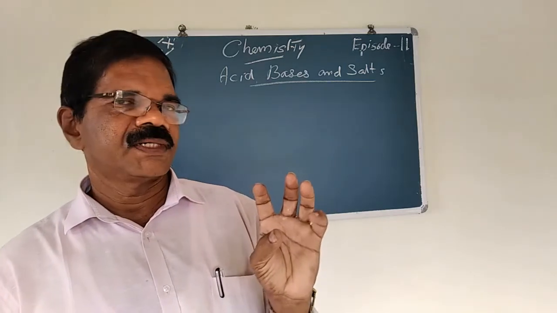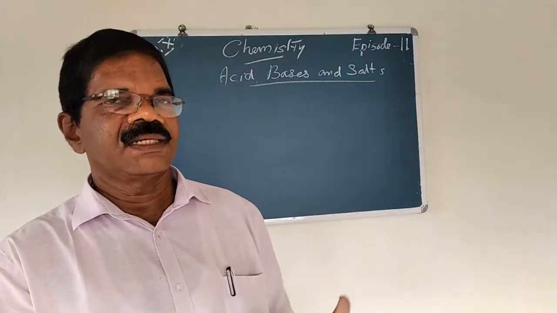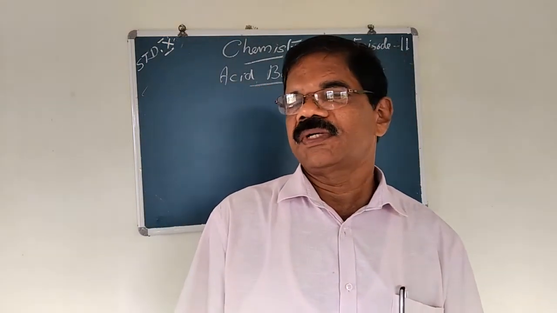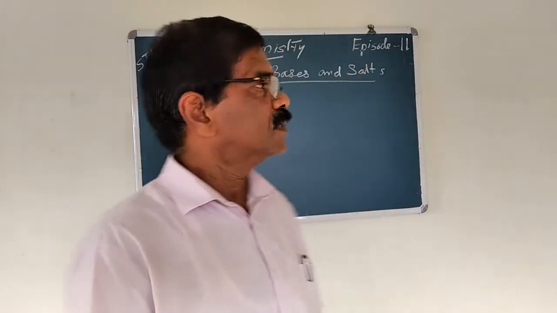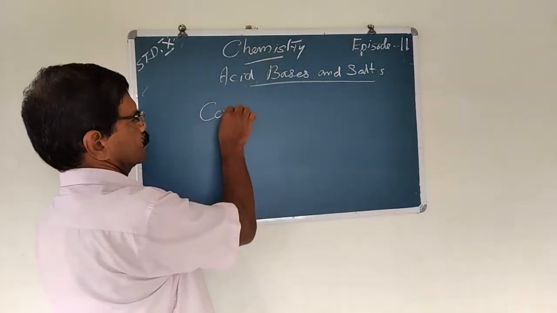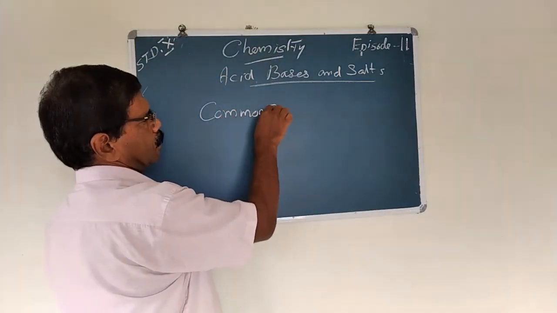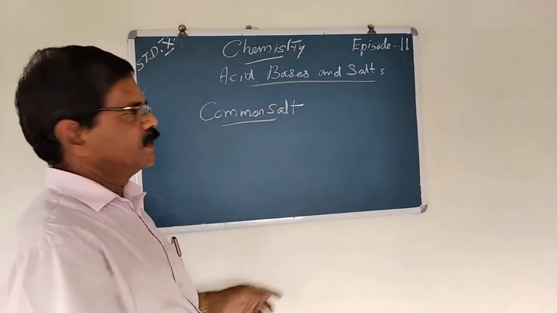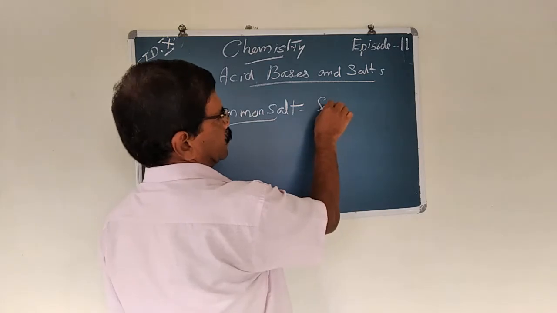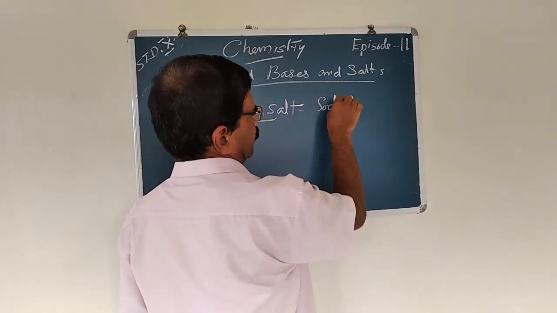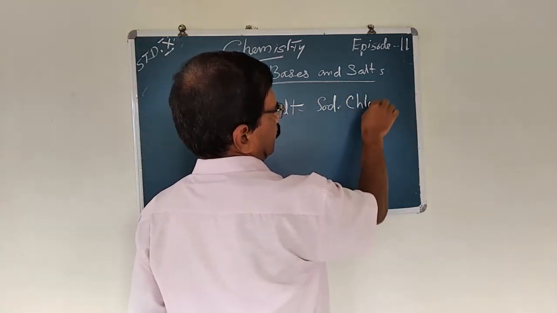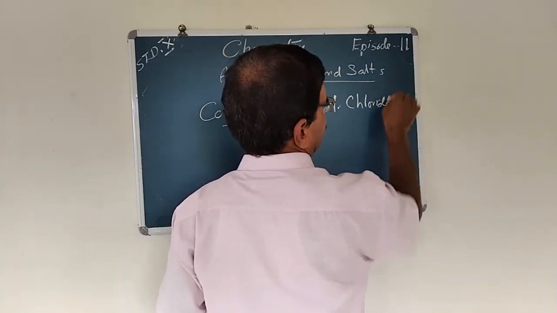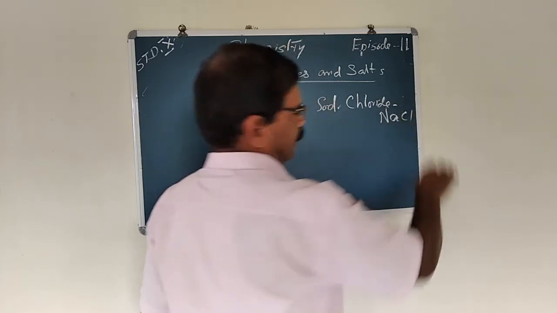Now we are going to study some familiar things in our homes. The first salt we are going to study is common salt. Its chemical name is sodium chloride. Its molecular formula is NaCl.